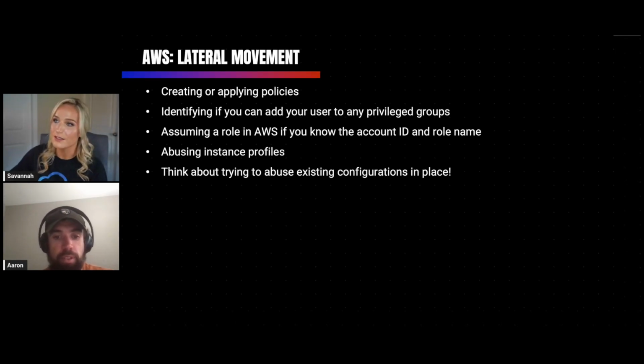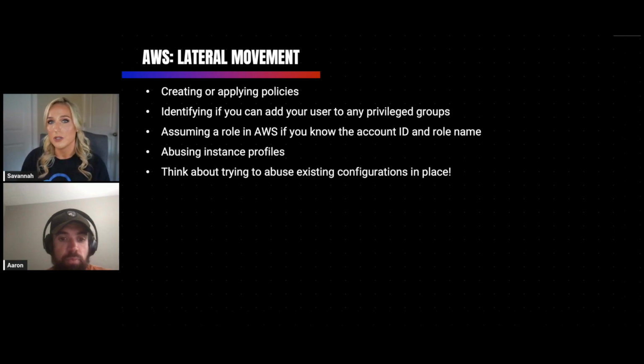From an AWS perspective, some of the things that you want to try to do to laterally move around the environment and gain additional privileges: if you can find or create a policy that you can give yourself more privileges to, that would be one method. Or if you're finding an instance profile associated with the EC2 and then attaching it to an existing EC2 role, or creating a new pair that is using it on the EC2 instance with a service profile that has those additional provisions.